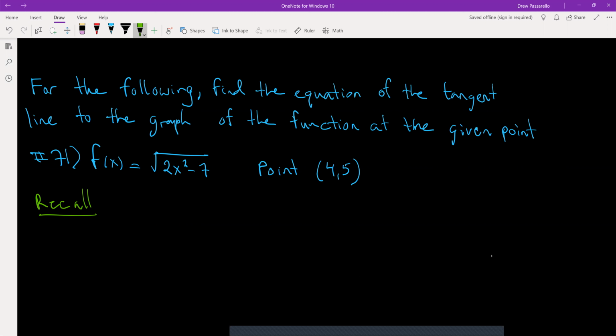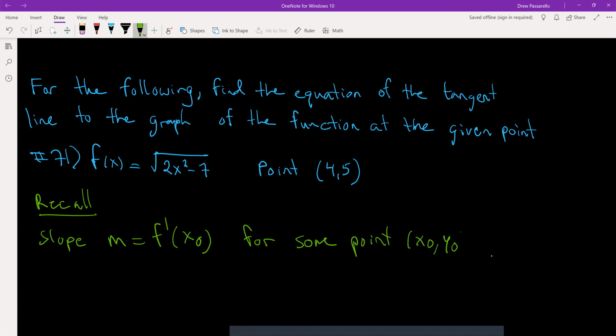So slope m is equal to f prime of x, and we'll call it f prime of x sub 0, for some point (x0, y0).